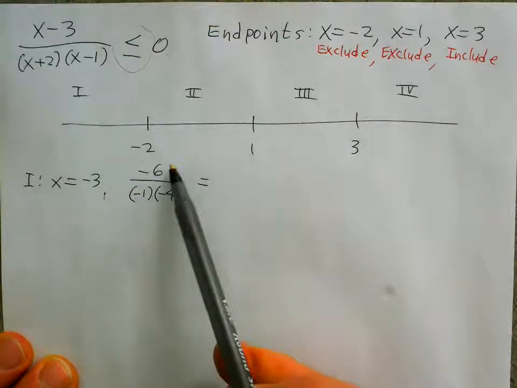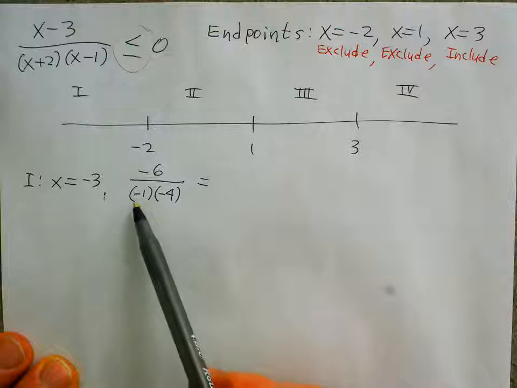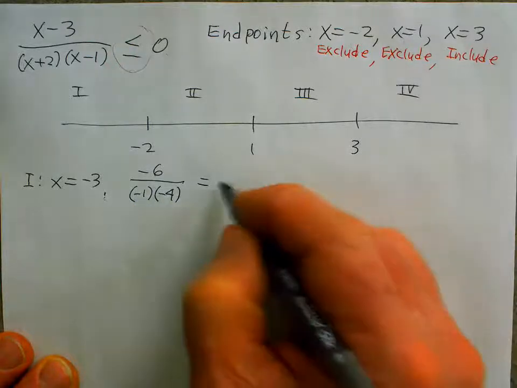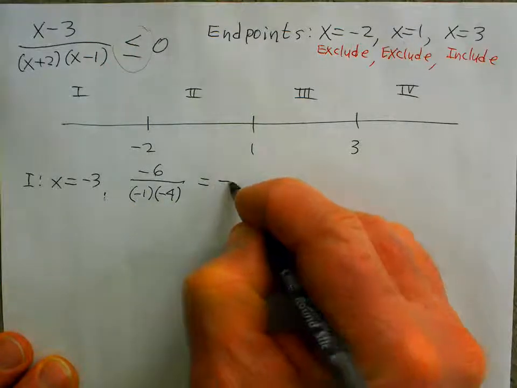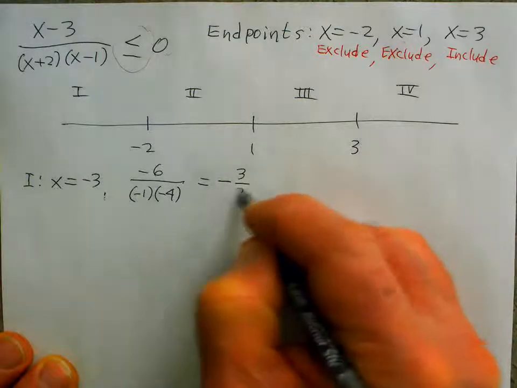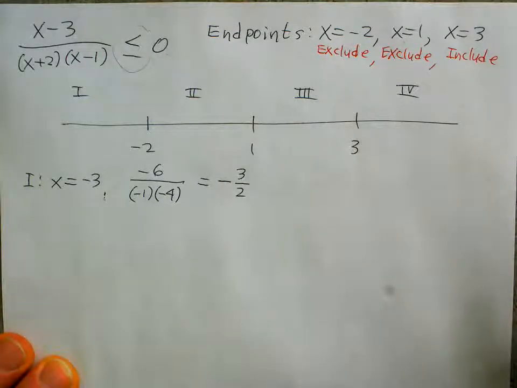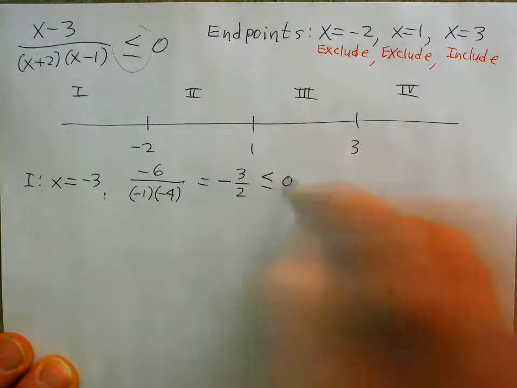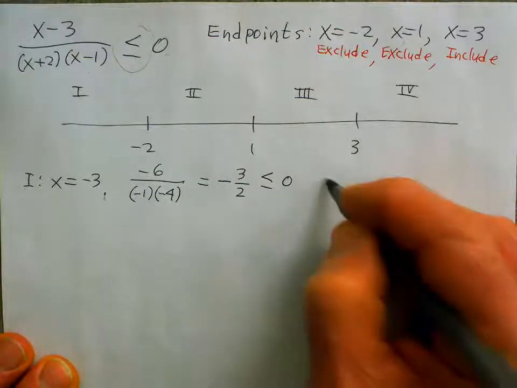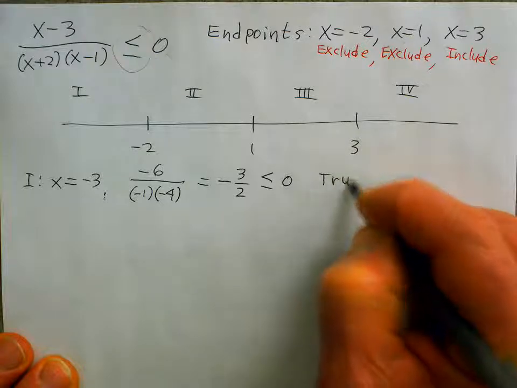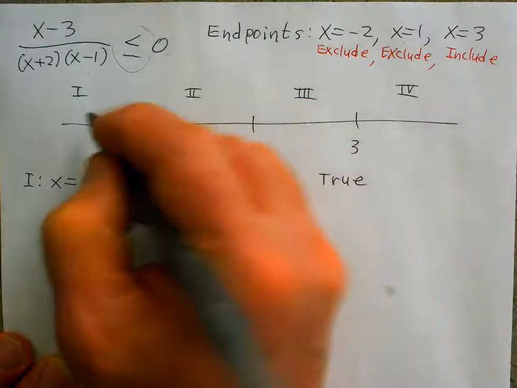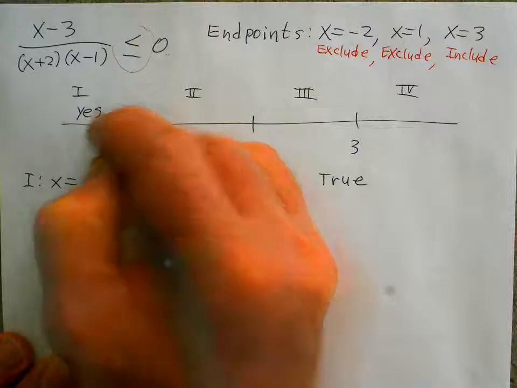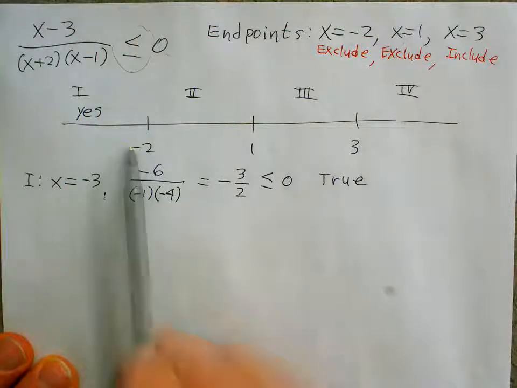So we have a negative number divided by a negative number times a negative number, which is going to be a -3/2. And the inequality is less than or equal to 0. So this inequality is true. That means all of the numbers from -infinity to -2 are solutions.